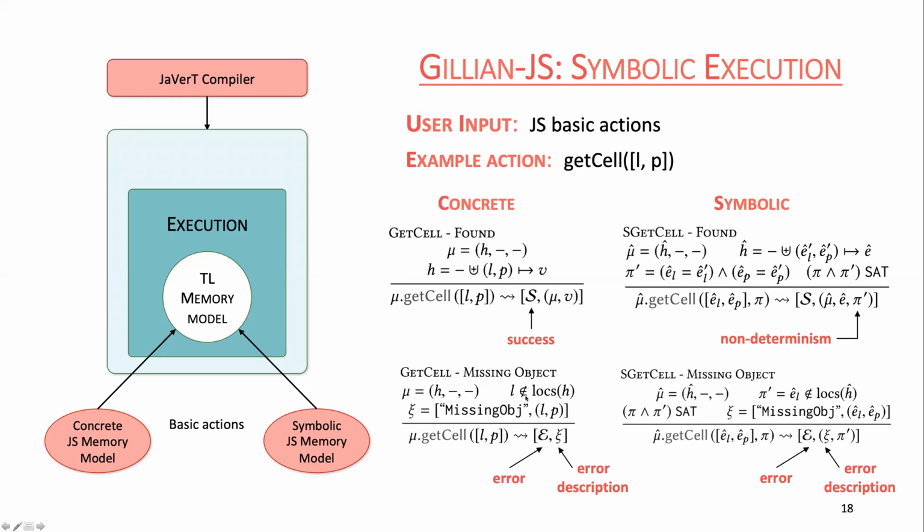Or you won't have the location and property for some reason. In this case, it's because we haven't got the location in the locations of the heap. Then we give an error case about what's missing. There's another case to do with if you haven't got the property. So we're saying we've got an error and we've got the description of the error.